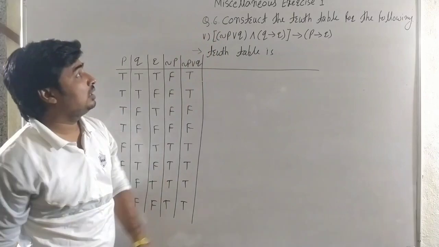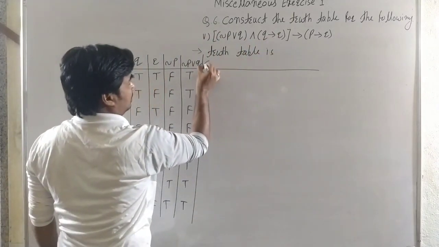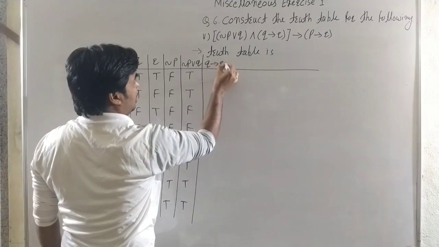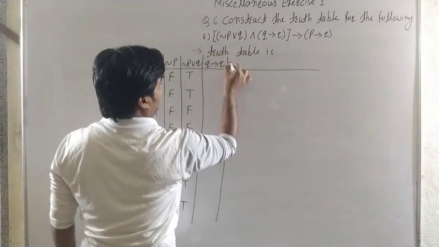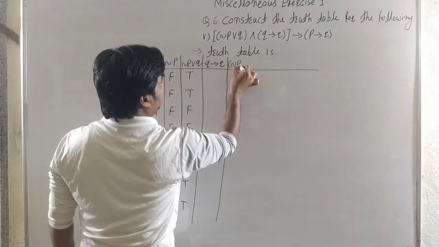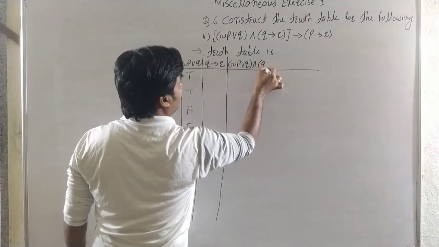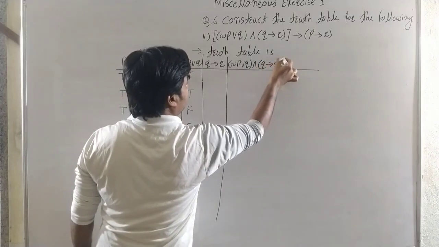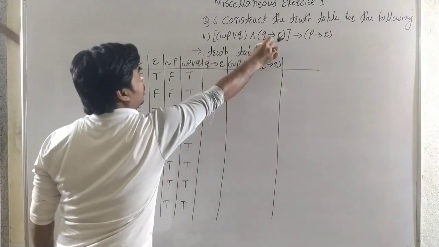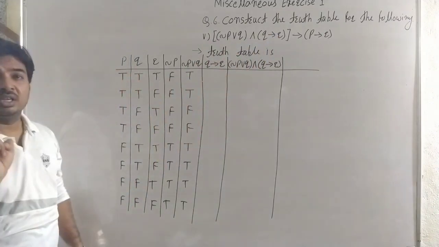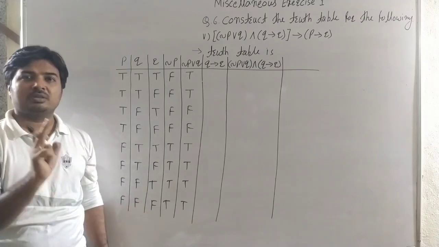Now we want to find this. Q implies R. And then find this square bracket, that is negation P or Q, and Q implies R. First find the Q implies R. In the implication, if the first statement is true and the second is false, then the result is false.